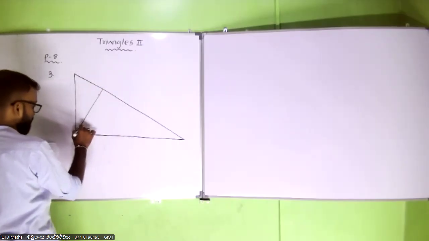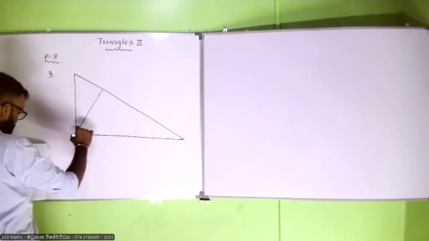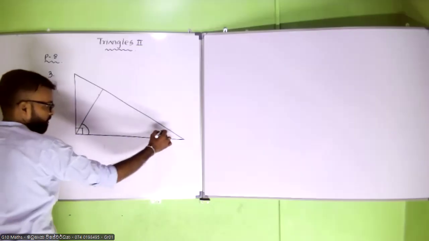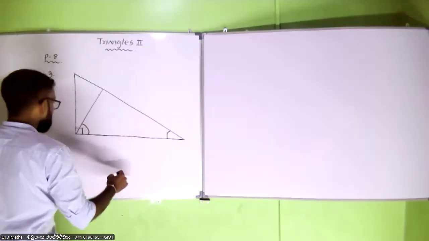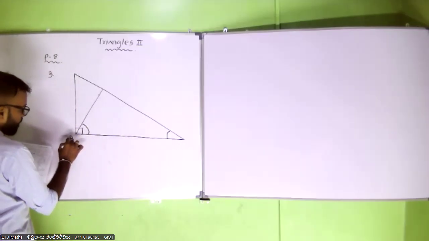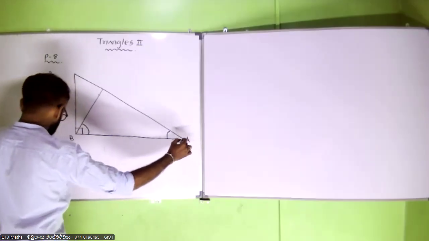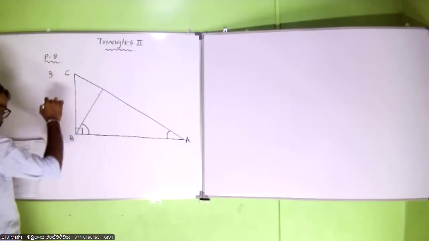This is a 90-degree angle. They have given that this angle equals this angle. This is B, this is A, and this is C.